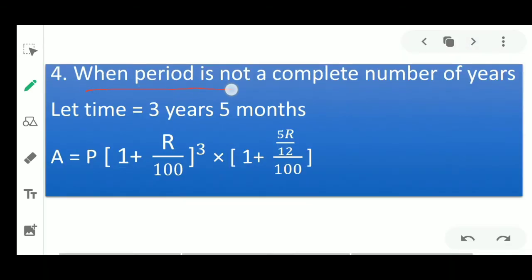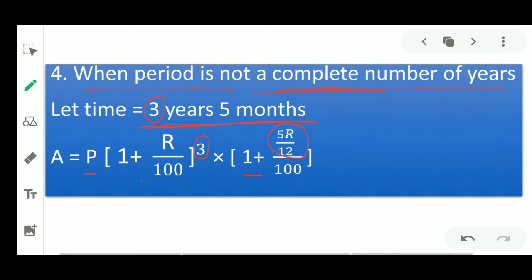Next formula is, when the period is not a complete number of years, like 3 years 5 months, 2 years 6 months, if the time is given like this, then the formula will be, here I have taken 3 years and 5 months, so here the formula will be P into 1 plus R by 100 whole to the power 3, that is the year, into 1 plus 5 by 12 into R by 100.